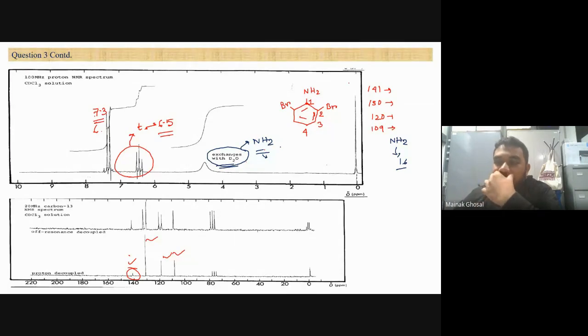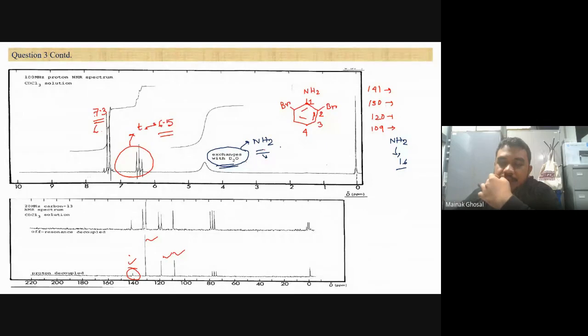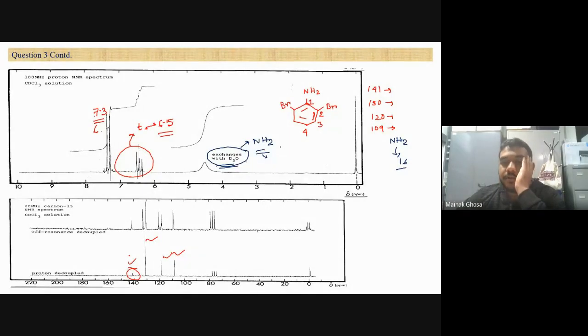So which one will be 141? Carbon 1. Which is more electronegative, nitrogen or bromine? Nitrogen, right? So this carbon will be more deshielded compared to these 2 carbons.